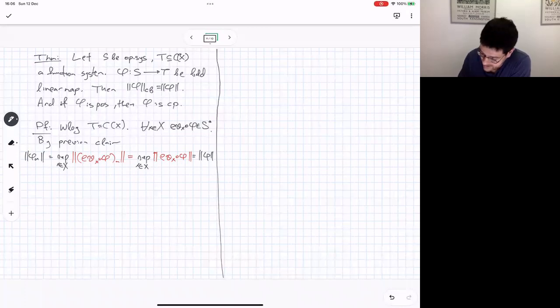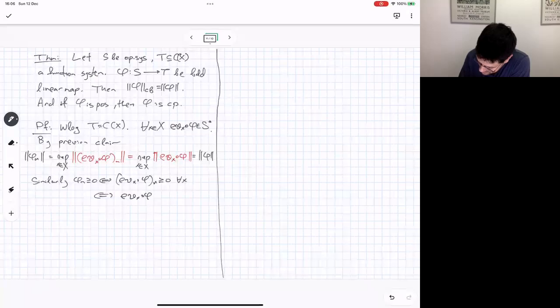Cool, right? Similarly, phi n is greater than 0 if and only if its evaluation is greater than 0 for all x, if and only if, well, evaluation in x of phi itself is greater than 0 for every x, if and only if phi is greater than 0.